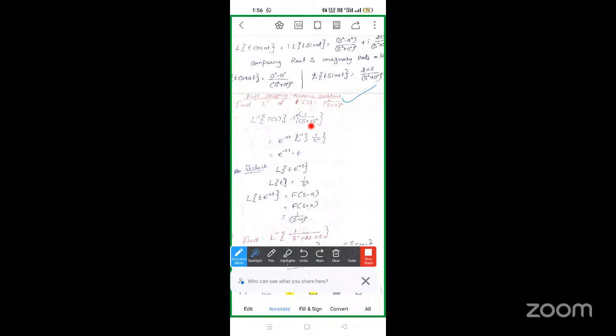So here by using the first shifting theorem, or first translation theorem, we have s plus a. In place of a, 2 is there.